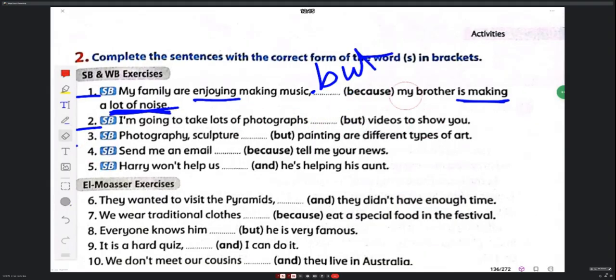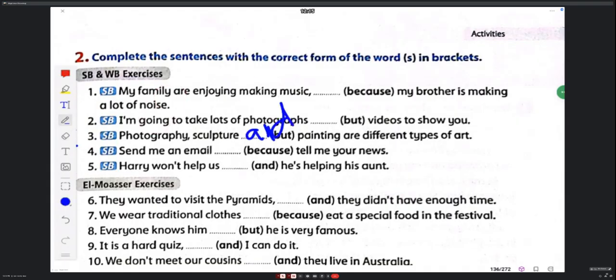Photography, sculpture, painting, art, and a list of words, nouns. Number four: send me an email and tell me your news. An imperative sentence and an imperative sentence joined by and, both affirmative.